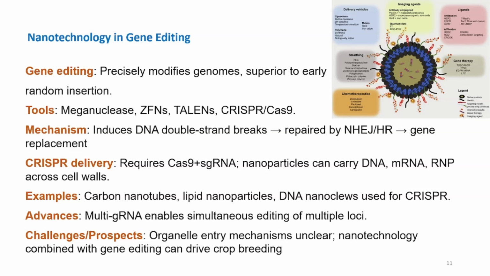Carbon nanotubes, lipid nanoparticles, and DNA nanostructures have been used to deliver genetic cargo into nuclei and chloroplasts. Despite challenges like organelle targeting and regulation, this approach shows strong potential to advance crop breeding.